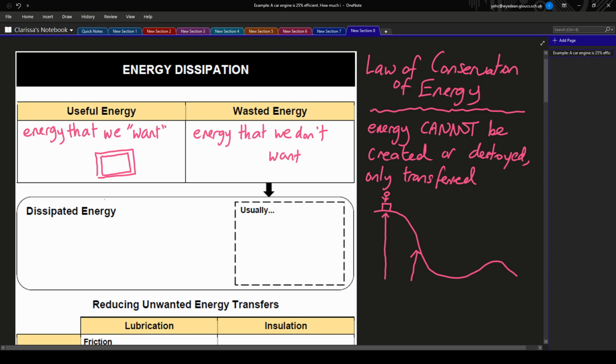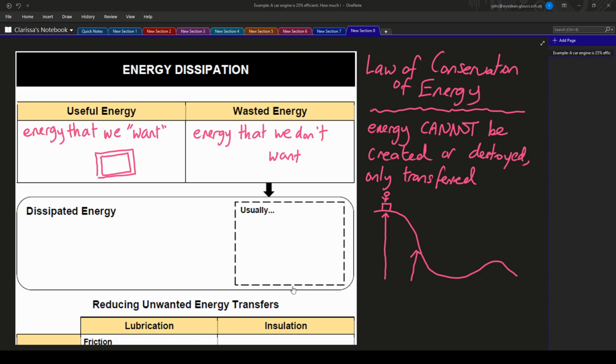Think about all of the different types of energy that we've talked about, energy stores, energy transfers. In the chat, can you write one type? There are two types that I can think of, but what's one type of energy that we want coming from our television when we switch it on?